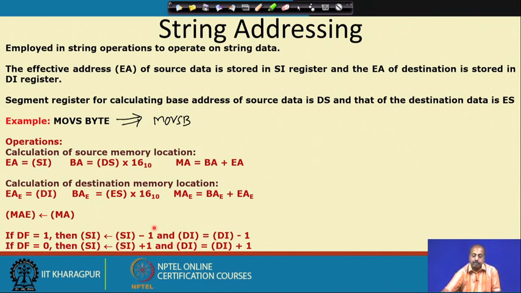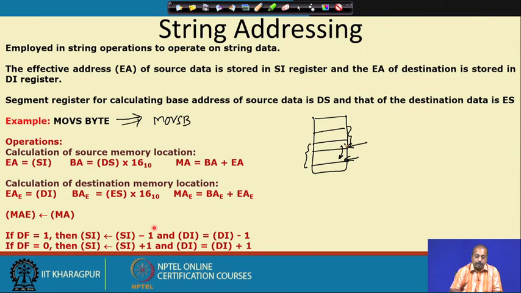As I was telling, if you are moving from a source block to a destination block, and there is overlapping, say this is the source and this is the destination, then SI should point to the bottom of the source and DI should point to the bottom of the destination, and from there you should start copying.